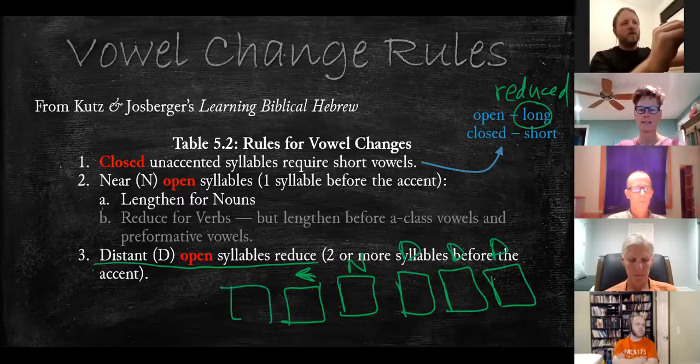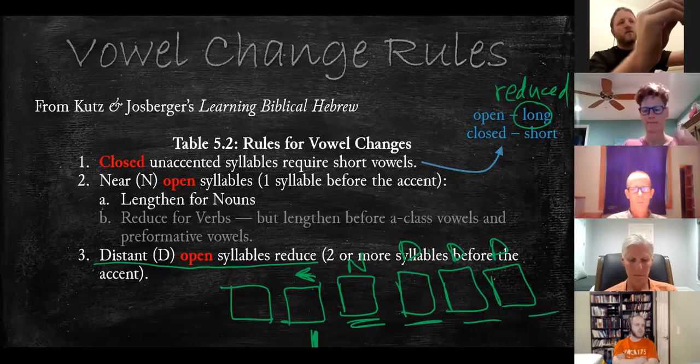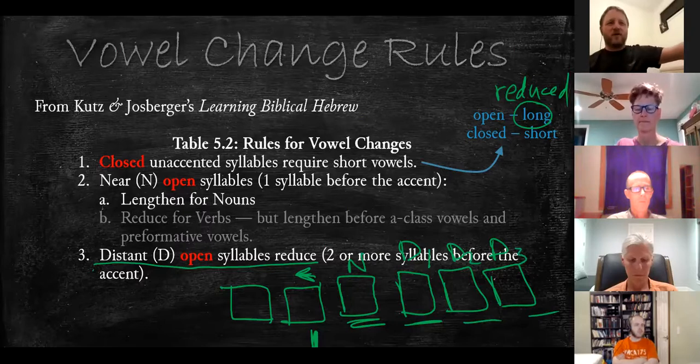There can be a syllable after the tone as well, because this is mil'el. But this is near, distant, distant, distant. I mark them distant 1, 2, 3, and so on. We don't have words that long in Hebrew, but theoretically.